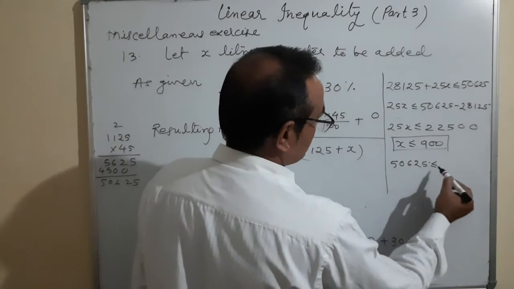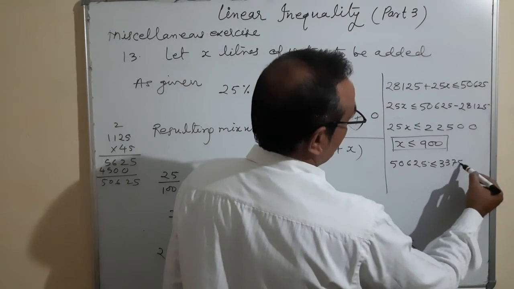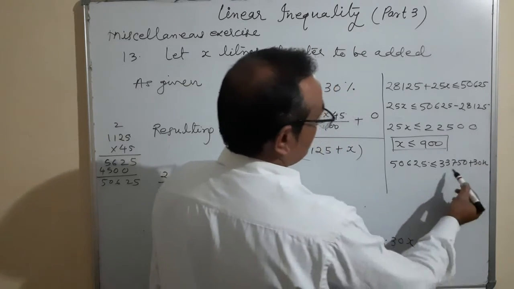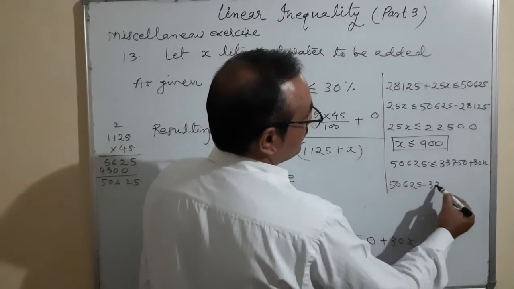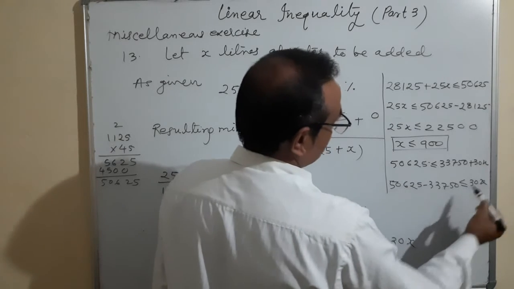And the second term I am taking, this is 5625. 5625 is less or equal to 33,750 plus 30x. So it is 5625 minus 33,750 is less or equal to 30x.